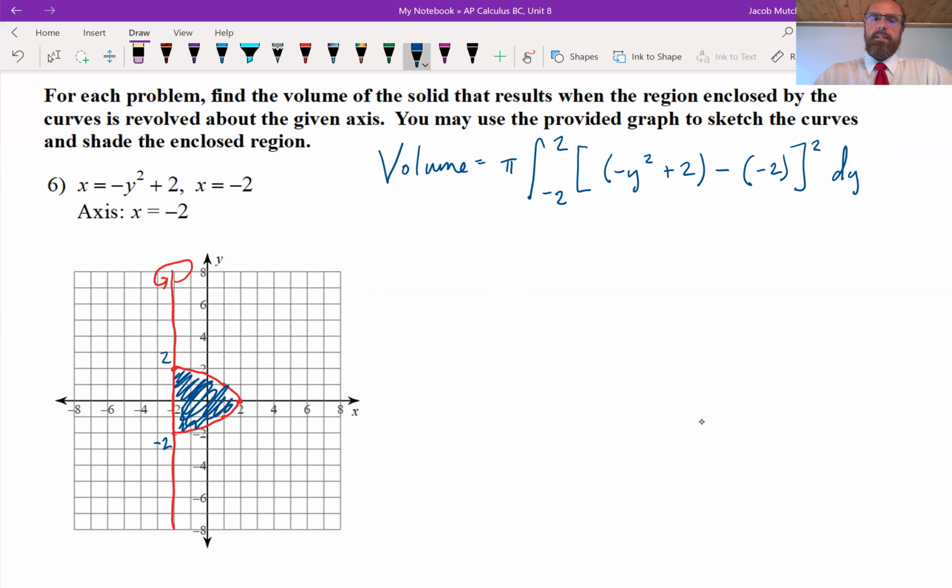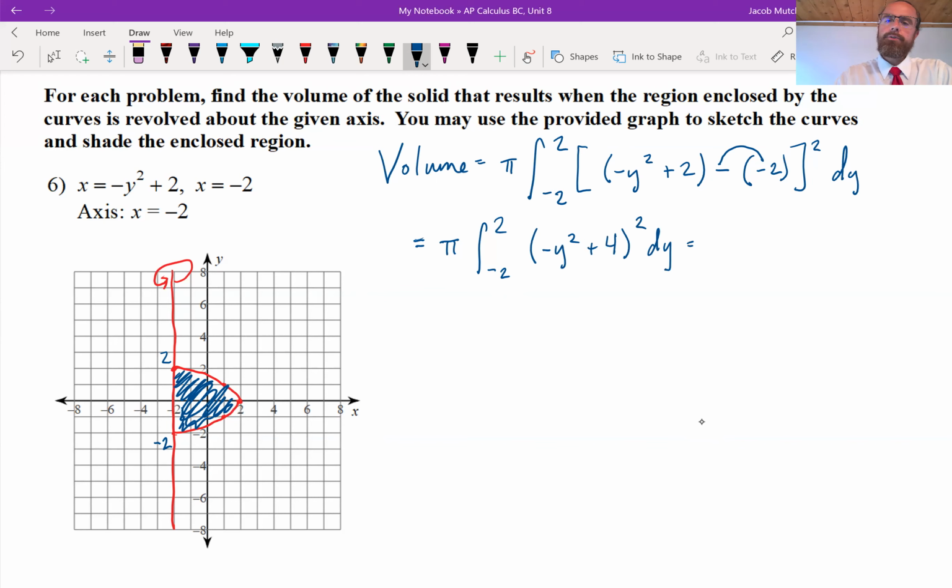So now once we've got it set up, our task is to simplify our integrand. So this is going to become pi times the integration from negative 2 to 2 in y. And I see here that basically I'm going to have a negative times a negative. So that's going to become positive 2. When I add that to the 2, I'm going to get negative y squared plus 4, squared, dy.